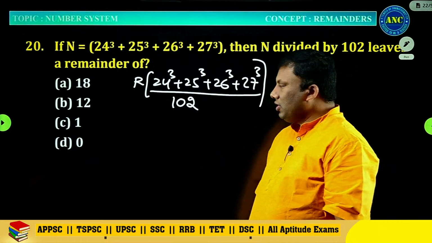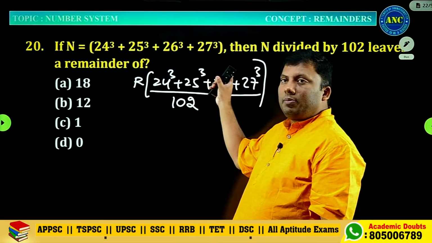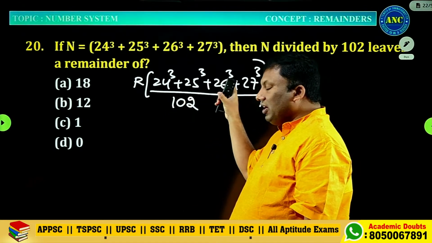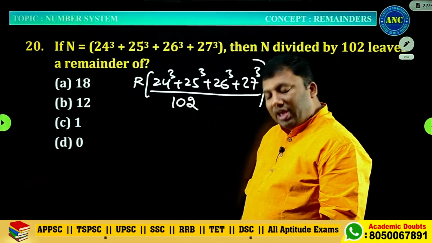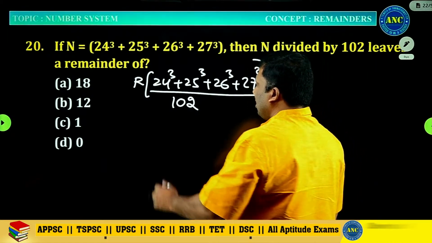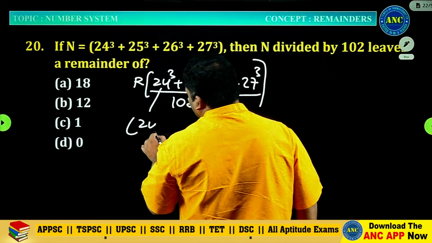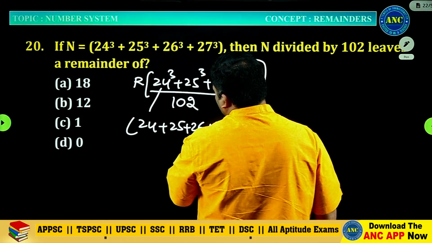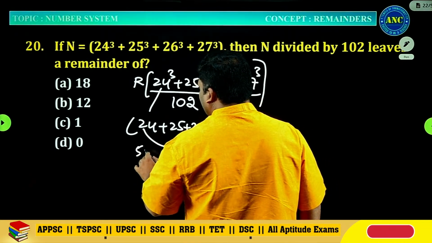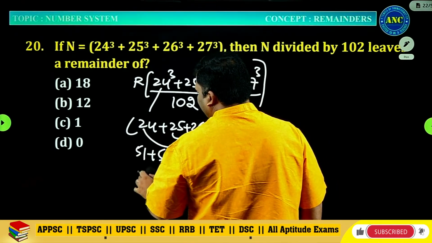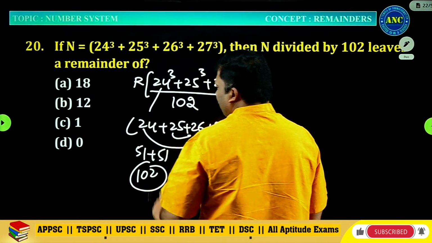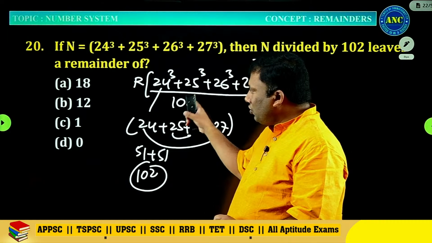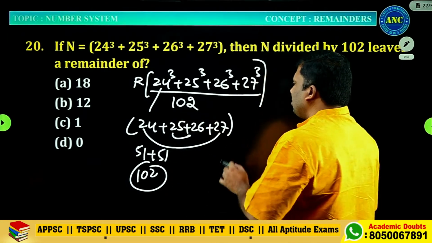The power is an odd number. 24, 25, 26, 27 are in arithmetic progression. Yes. That means the numerator is divisible by 24 plus 25 plus 26 plus 27, which is 51. This is also 51, so 102. Are you all with me? 102 divided by 102, the answer is 0.